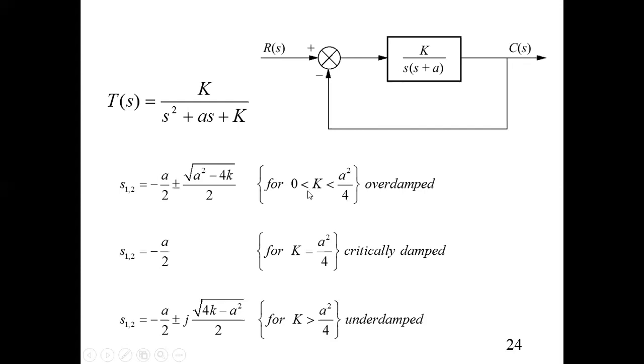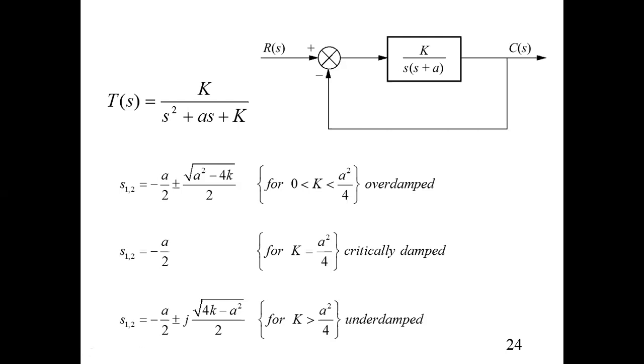From this changing value of K, we find that as K is increasing, the poles move along the real axis, and the system remains overdamped, because K models the amplifier gain. So if we change the gain or amplification, both poles are real and equal at a square over 4.